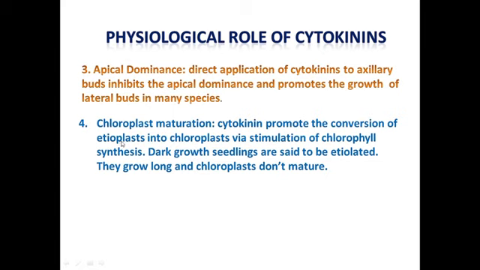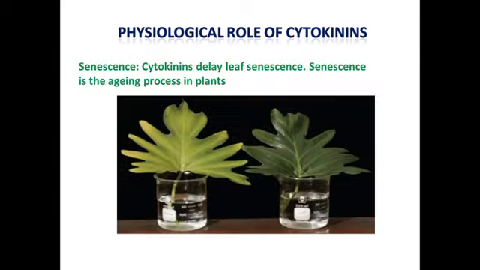They become etioplasts because they lack the pigment chlorophyll. And when these dark grown seedlings are given a dose of cytokinins, chlorophyll synthesis in these plants takes place and the etioplasts become chloroplasts. So this is the next role of the cytokinins, chloroplast maturation.